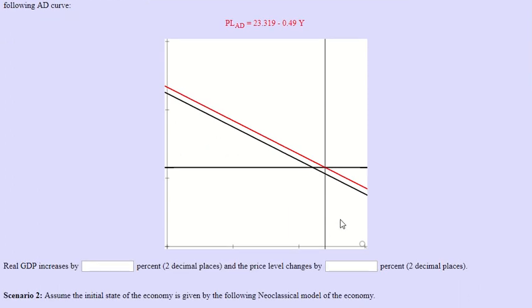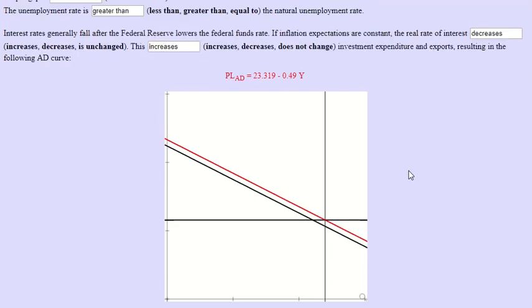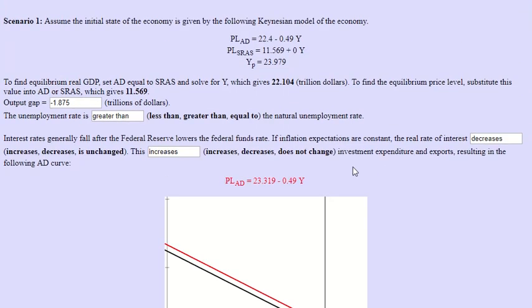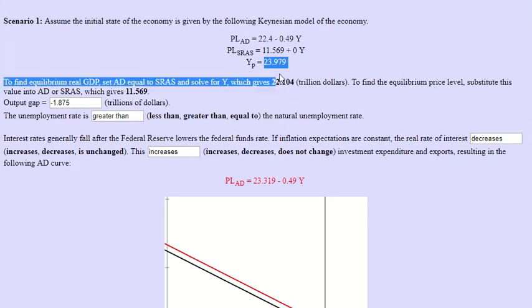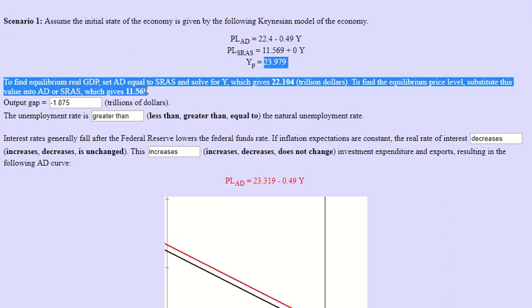So graphically, in the Keynesian model, this is mathematically and graphically no different than the tax cut or increase in government spending that we did in the Keynesian model of question 5. So real GDP does increase, right? Real GDP does increase.